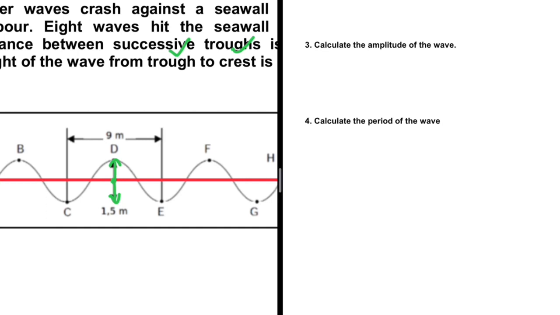So in this case, the amplitude equals 1.5 divided by 2, which equals 0.75 meters. So there we go. We have our amplitude, which is 0.75 meters.